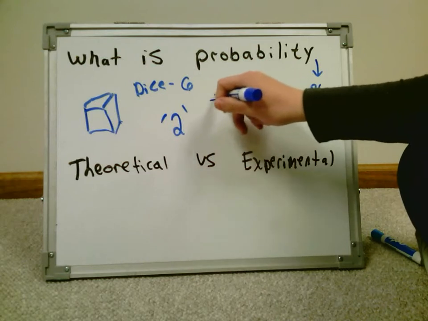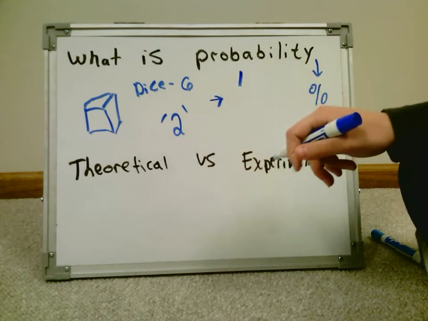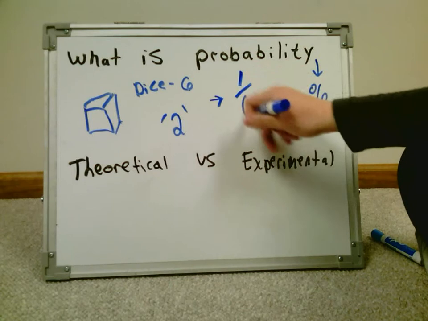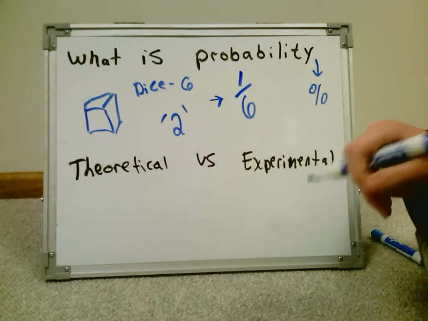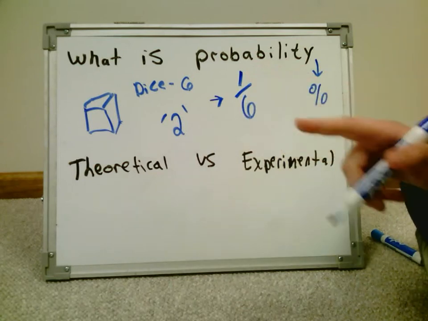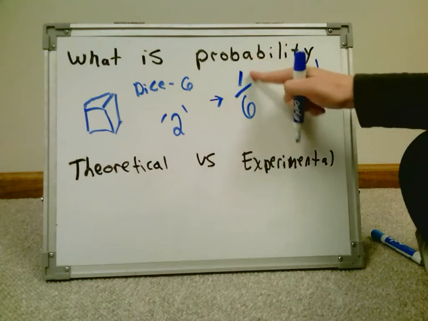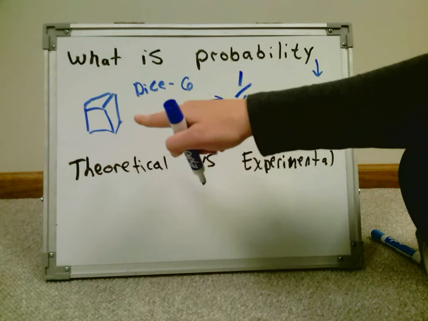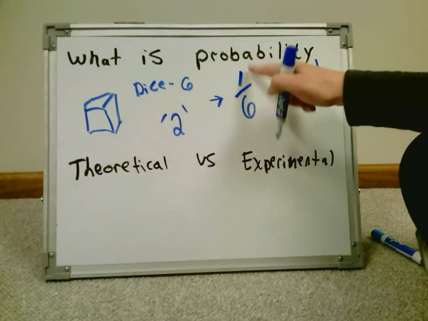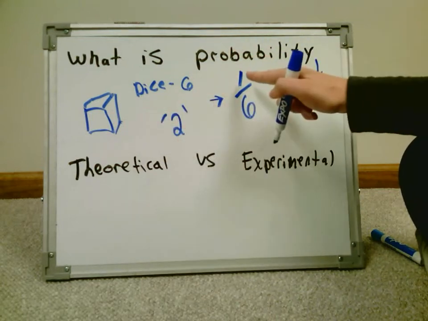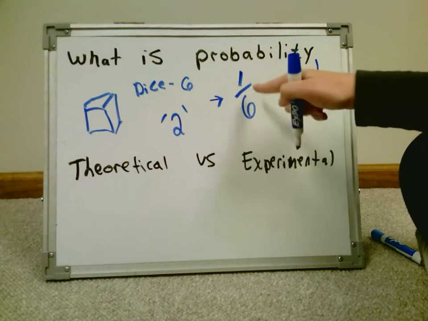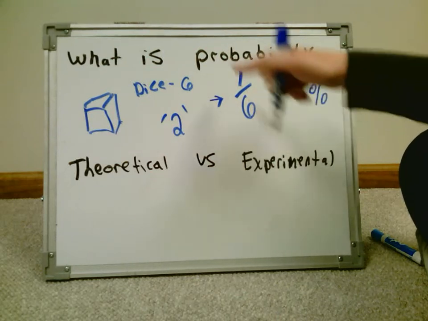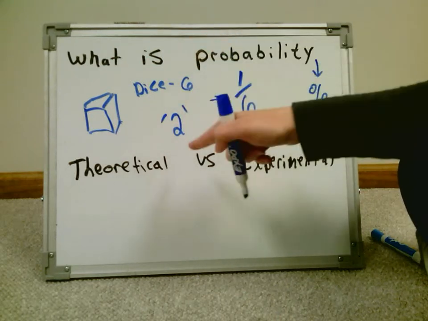It only appears once out of the 6 sides that I have. So the probability of selecting a 2 is 1 out of 6 options. So out of all the pieces on a dice, only one of those sides is a 2, and therefore only one of my 6 outcomes will give me what I want, which is a 2.